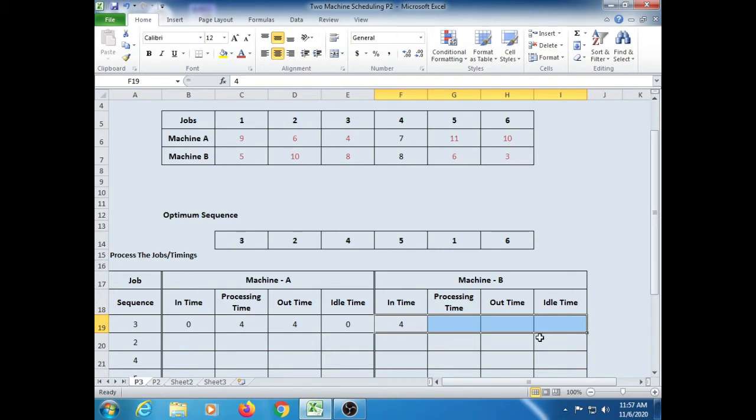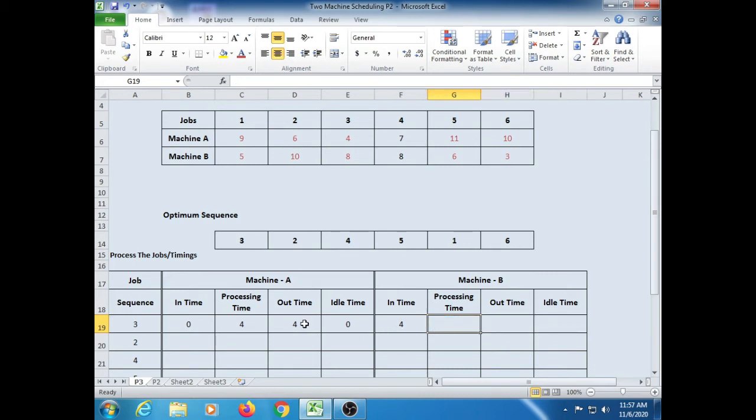That's why it is a two machine scheduling. If we do not process the job on machine A, we do not process on machine B also. First we have to process the job on machine A, then only we process on machine B. That is the order of the machines, right?